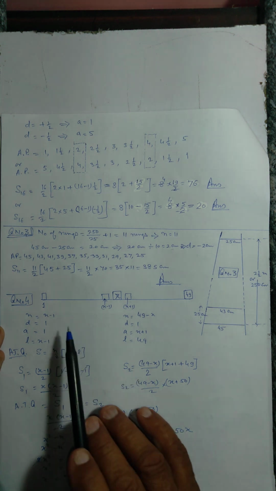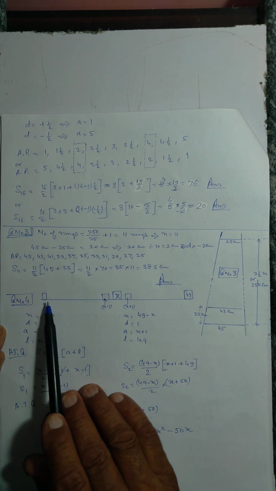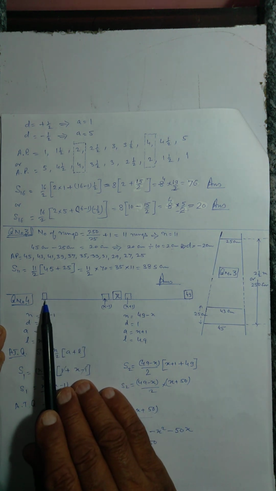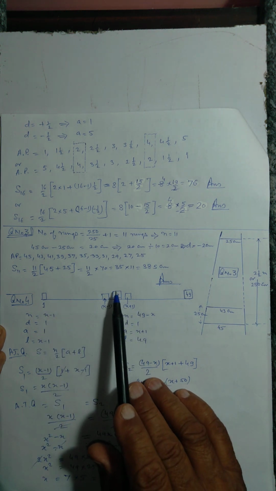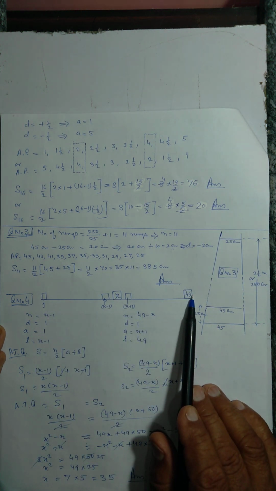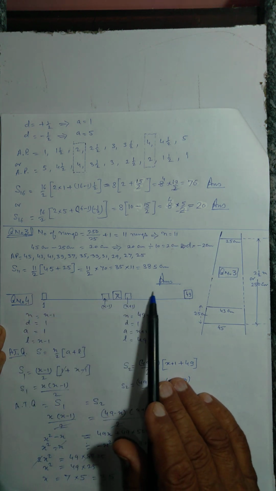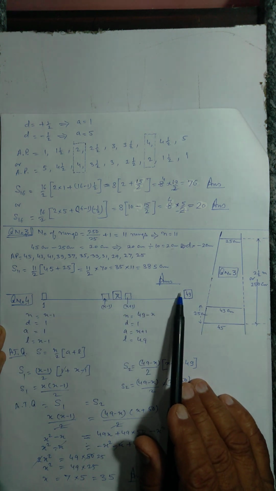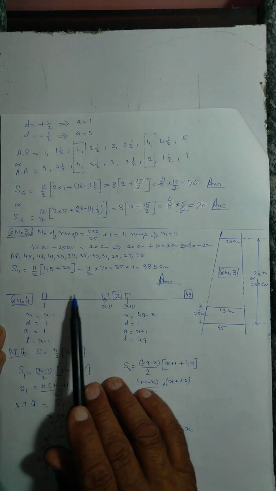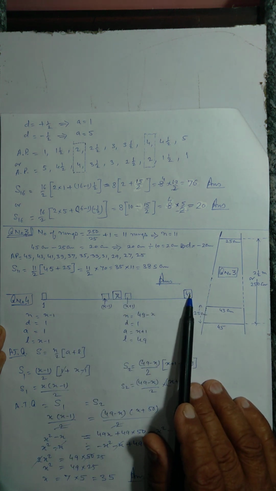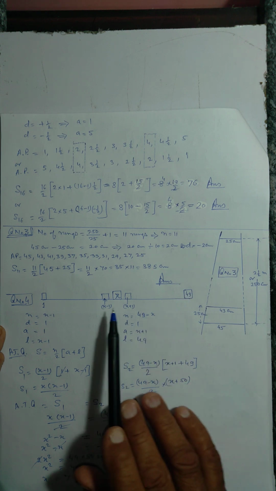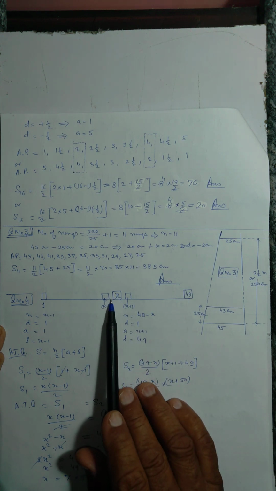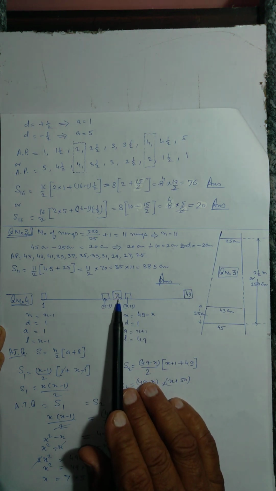Here you see, I have made a house by small bracket. You see number 1, and in the end the last one is 49. These houses are in a row, so first, second, third, and so on up to 49. 49 houses are there. So in between there is some number x.